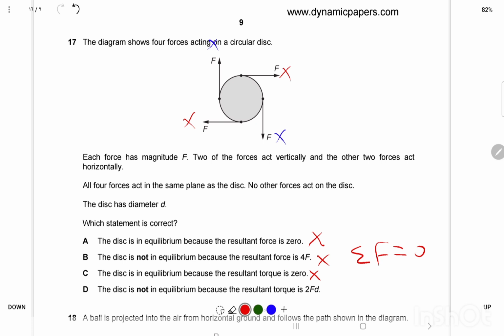This is correct because torque is one force times the distance between them. Let's say this distance is d, so F times d plus F times d, and this will give you 2Fd.